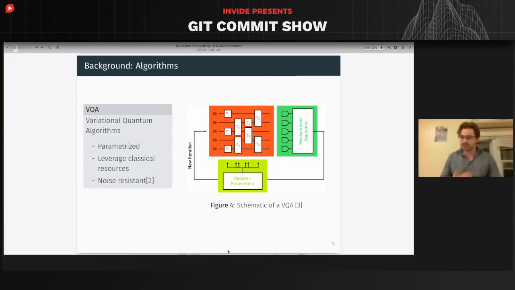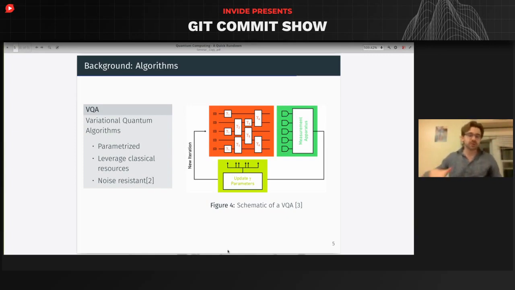That's how quantum scientists refer to these unitary matrix transforms that operate on quantum states. We have some measurement apparatus to send data back to a classical computer running a classical optimizer.